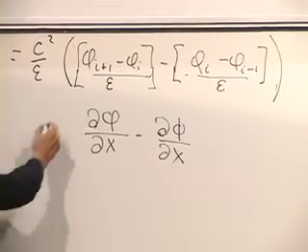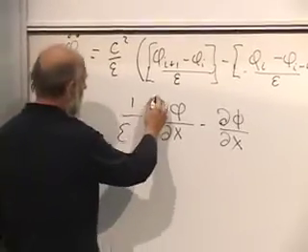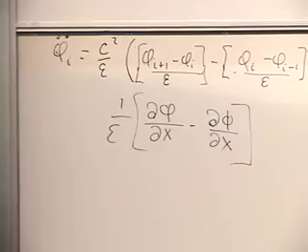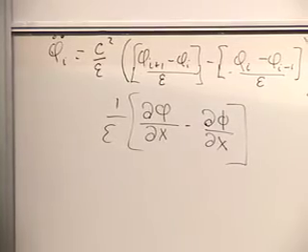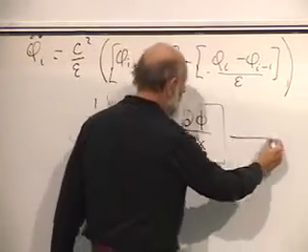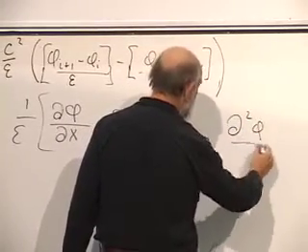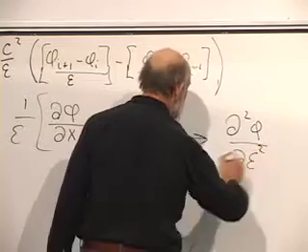But what happens when I divide that by epsilon? What's it become? The second derivative. This just becomes, in the limit that epsilon goes to 0, the second derivative of phi with respect to x squared.